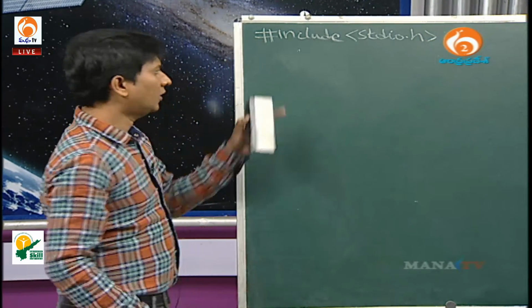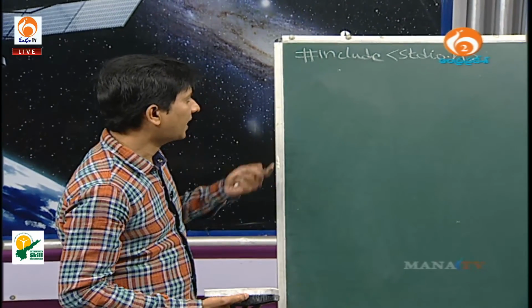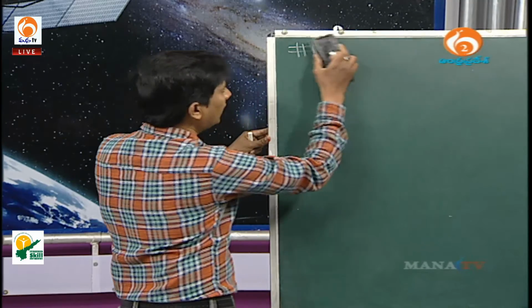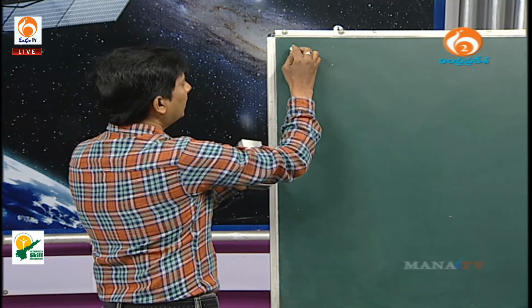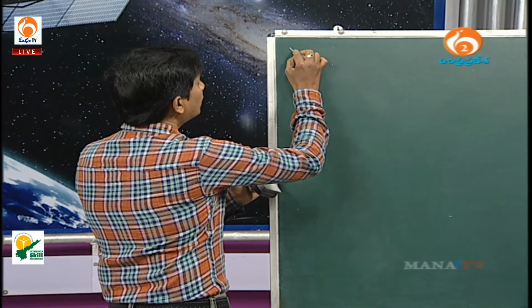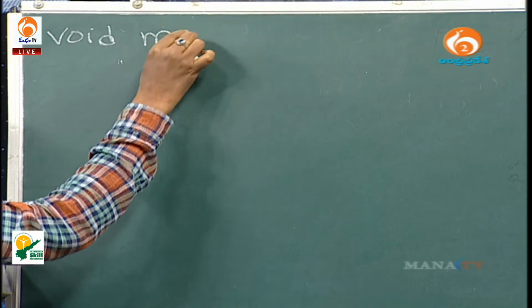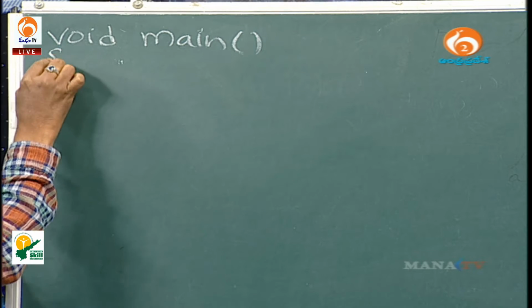This is common for every C program whenever you are using the printf and scanf predefined functions. So remember that it is a default header file. So I am writing here step 1 start, execution starts from main function.